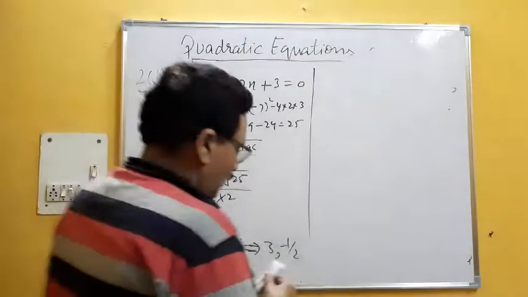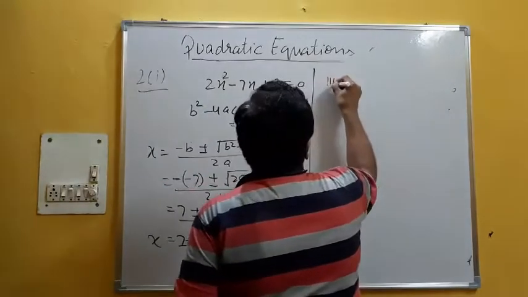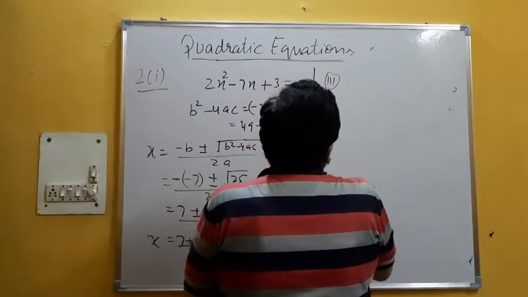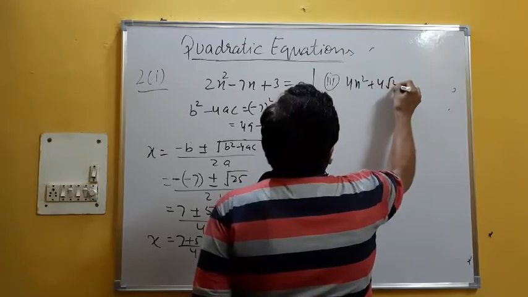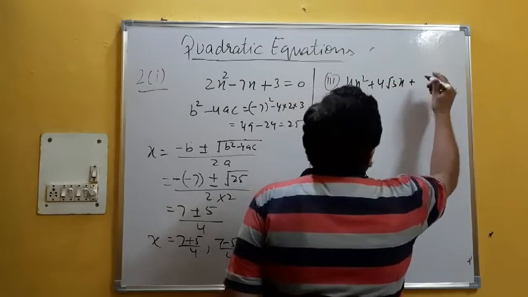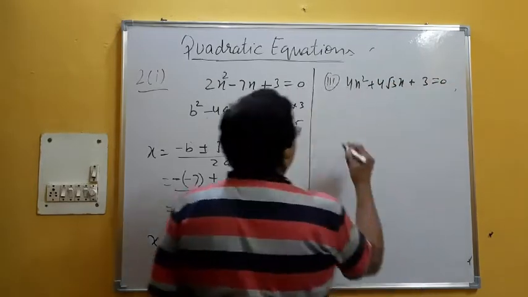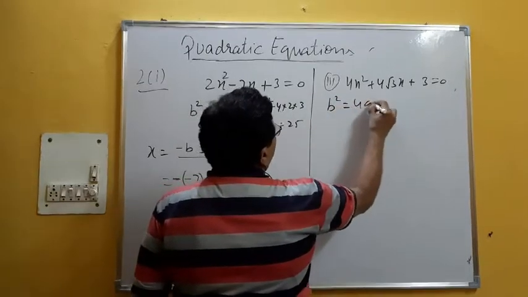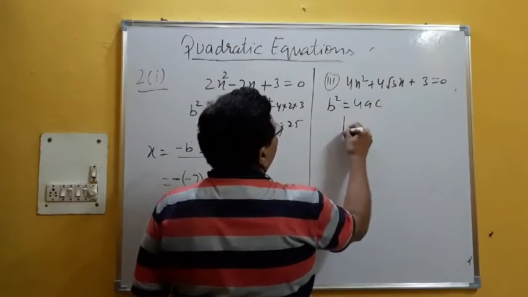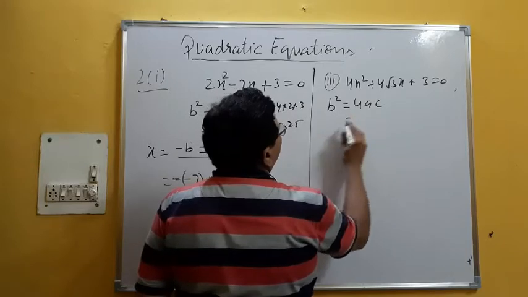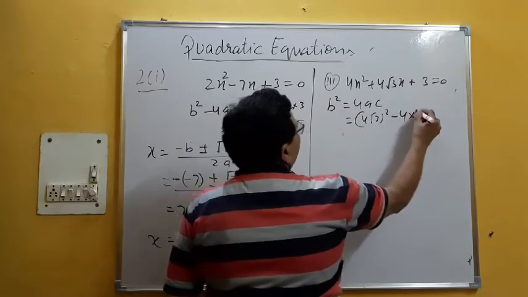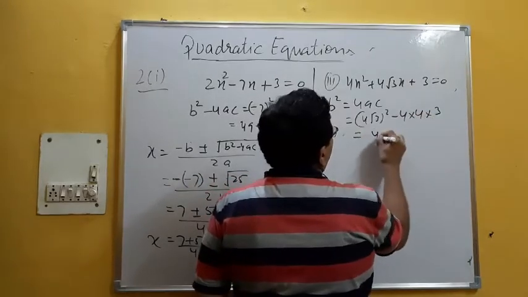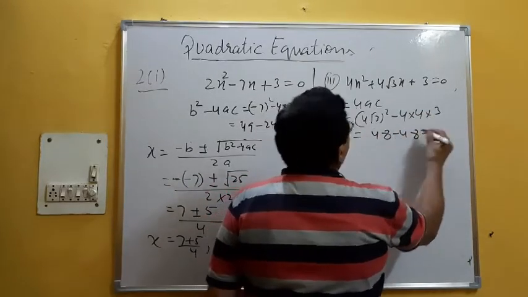You can see the third question we have done also. We did it with completion of square, now by the quadratic formula: 4x square plus 4 root 3 x plus 3 equal to 0. So calculate b square minus 4ac. Okay, I am doing it again, no problem. 4 root 3 square minus 4 into 4 into 3, 48 minus 48 is equal to 0.